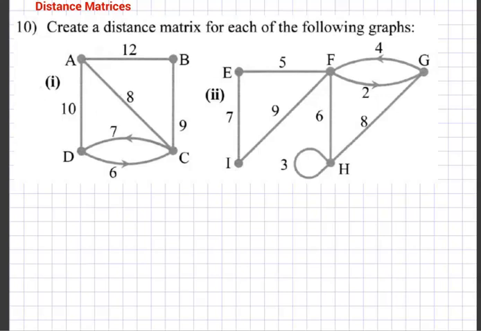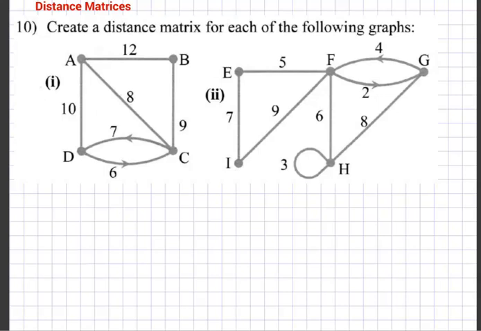But the idea is that if there's a value for an edge, then we can show that in a matrix. So unlike when we were using matrices for adjacency, where we were looking at how many connections there were between one node and another, here we're effectively accepting that when there is a connection, what is that distance?